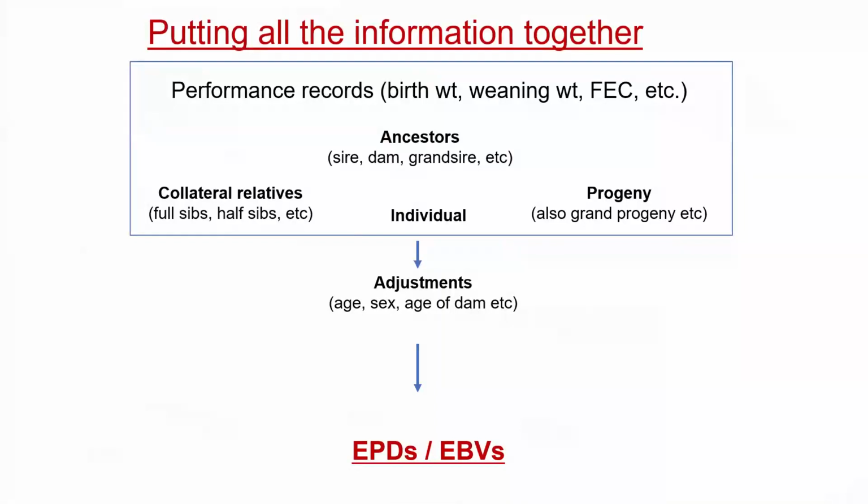So what do we do with all this information that we've asked and we've got? How do we combine it and figure out where to go with it? Well, Jake had touched on some of this, so I'll skip through some of these NSIP slides fairly quickly. One thing to consider: you have all that information, your performance records, your pedigree, so sires, dams, grandsires, granddams, your full sibs, half sibs.